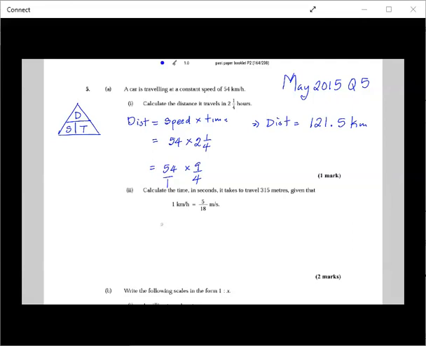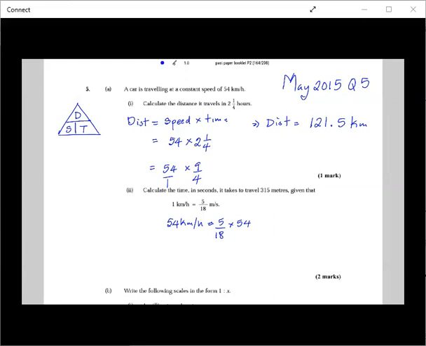So therefore, 54 kilometers per hour would be equal to 5/18 multiplied by 54. So if 1 is 5/18, 54 would be 5/18 multiplied by 54. So let's see what we get. I think 18 goes into 54 3 times.